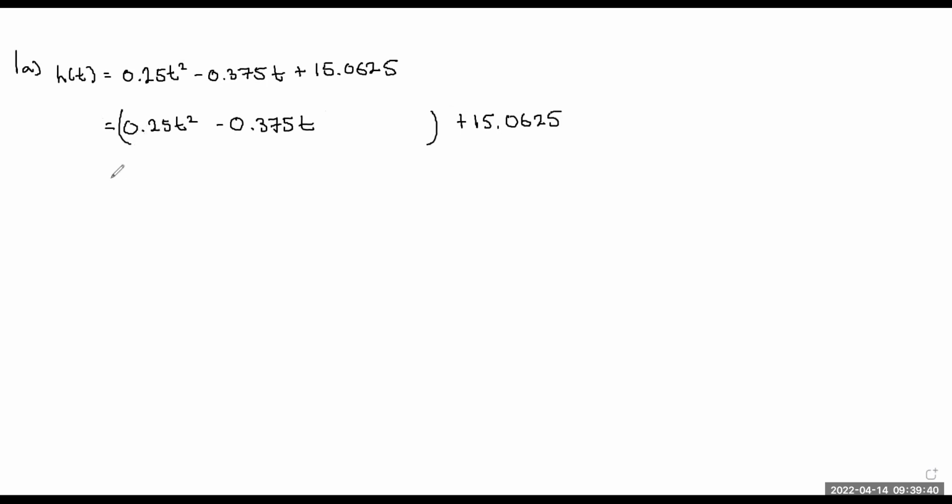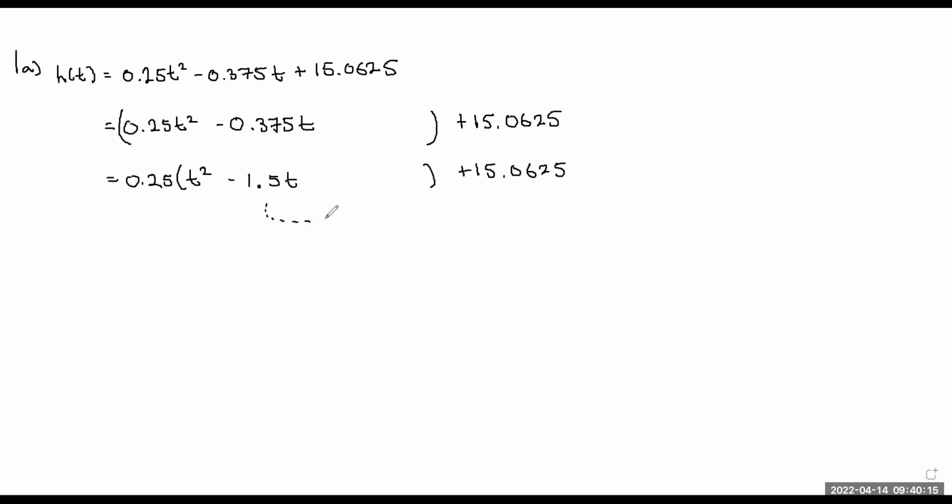Not only that, I am going to factor out the coefficient of that squared term because I want a simple trinomial inside that. So 0.25 divided by 0.25, pretty straightforward. That's going to be a 1. 0.375 divided by 0.25 is going to leave us with a negative 1.5 t.